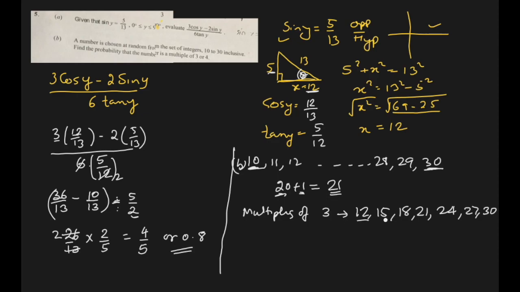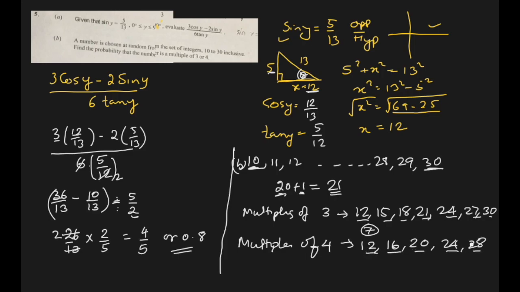How many are they? 1, 2, 3, 4, 5, 6, 7. They are 7. Similarly, multiples of 4: 10 is not, 12 is the first, 16, 20, 24 and 28. How many? 1, 2, 3, 4, 5. 5.